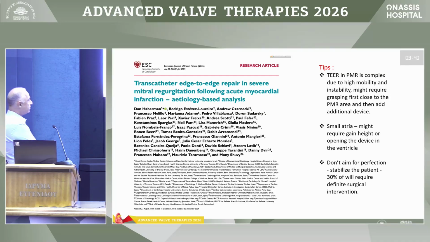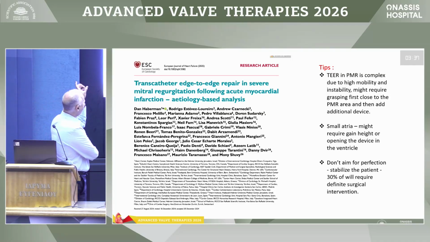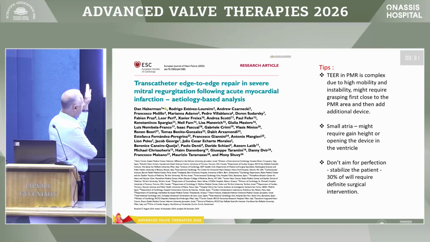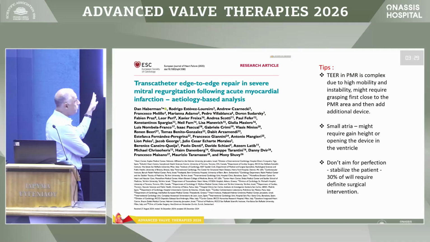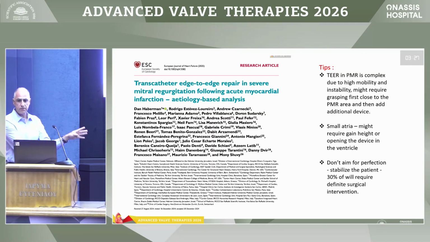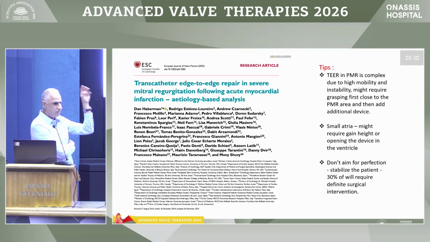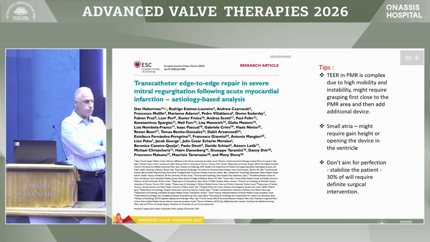Right. It's fantastic. So this is our data of patients that we have a registry of post-MI MR. This is data of patients that had papillary muscle rupture. We know that those patients are difficult to treat. Technically, sometimes the valve is very mobile, especially the area of the rupture.